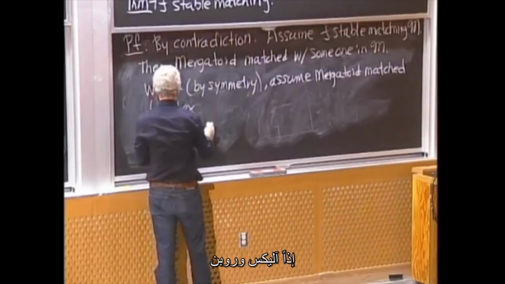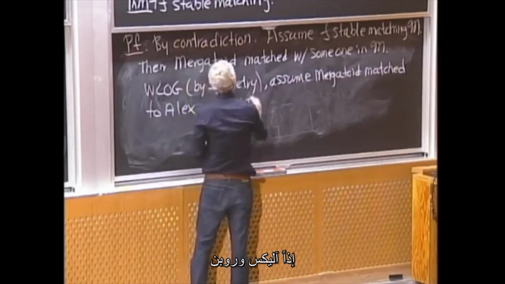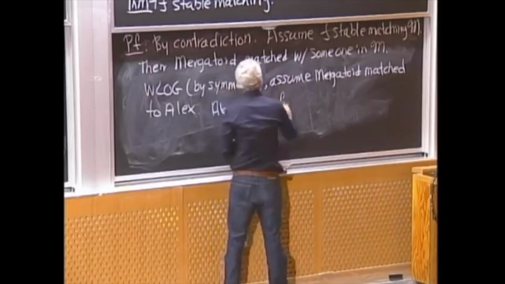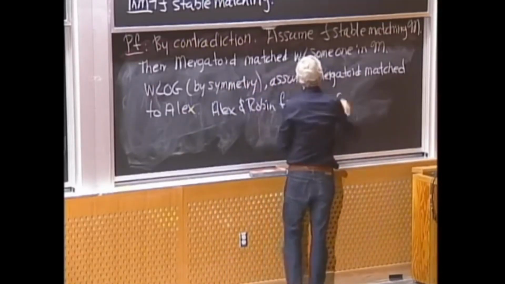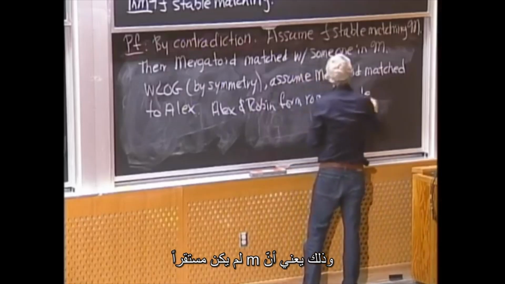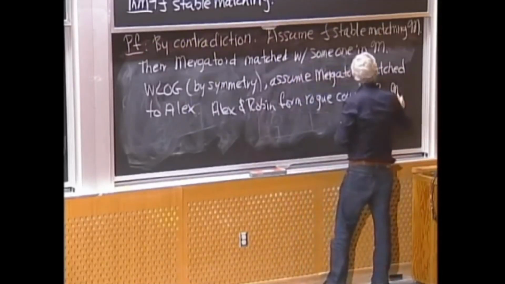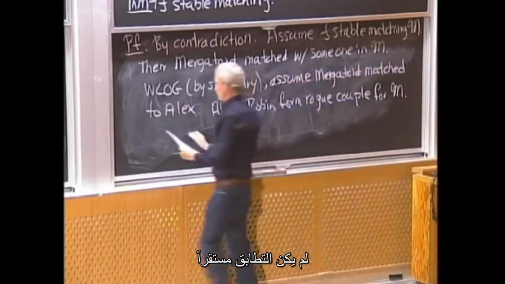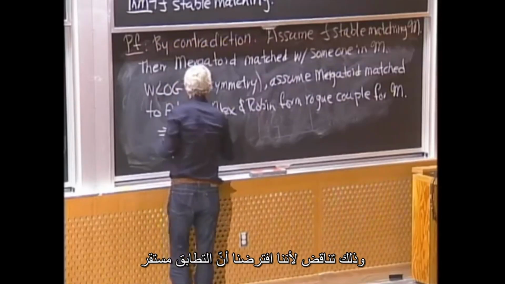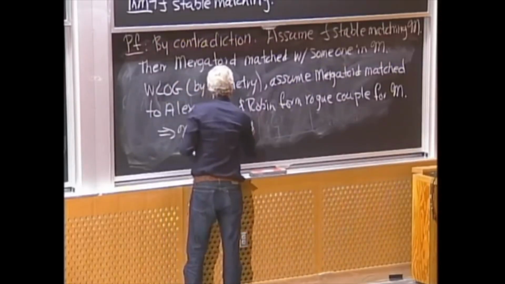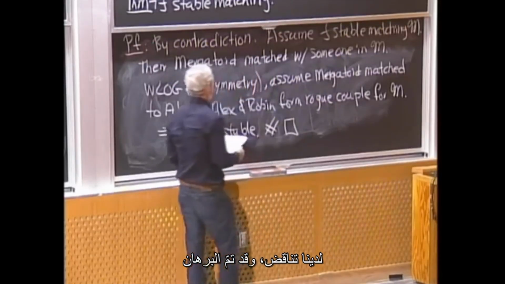So Alex and Robin form a rogue couple, and that means that M was not stable. The matching was not stable. That's a contradiction, because we assumed it was. So we have a contradiction, and the proof is done.